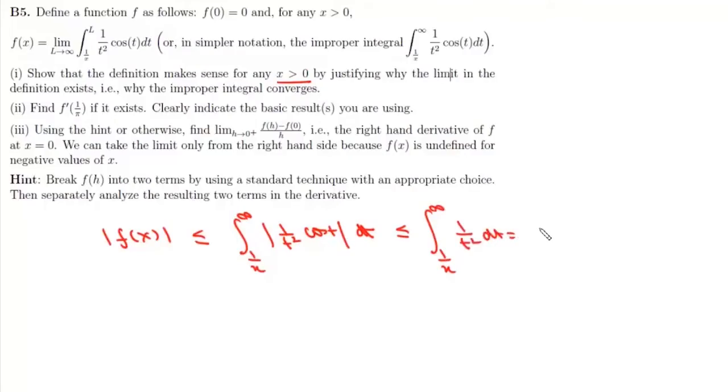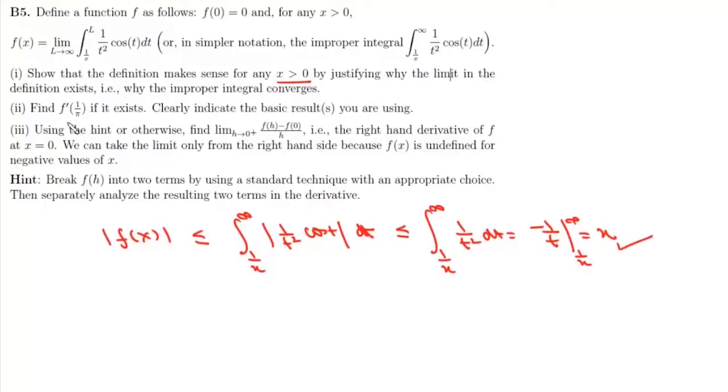Now the value of this integral is minus 1 upon t from 1 by x to infinity. So this is nothing but x. So clearly this integral converges absolutely. So that's your first part.